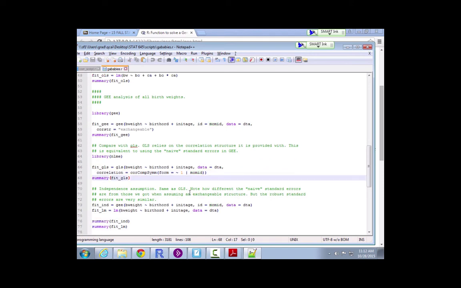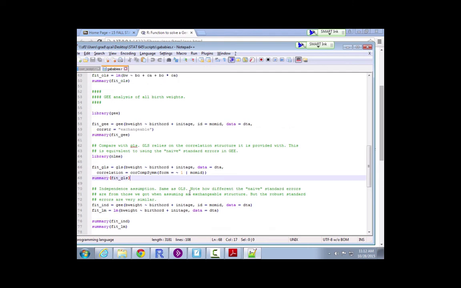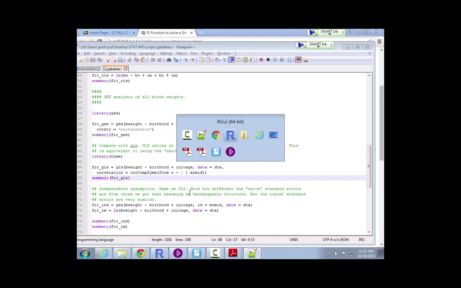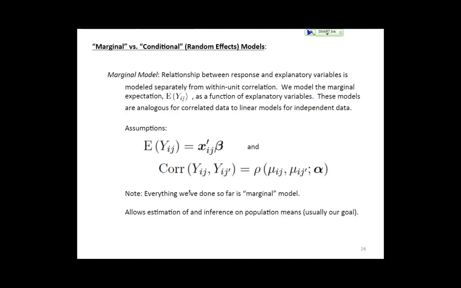We will finish this example in class on Friday, and I will tell you more details about what GEE is. GLS is just weighted regression. GEE is kind of a different animal. It's more general, and it's better, and we'll talk about why.